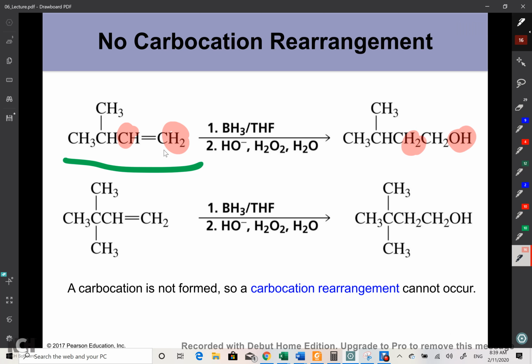Same thing with quaternary center. These are the 2 carbons of interest. You perform a hydroboration. The OH ends up there, and the H is somewhere there. No rearrangement. That's what I want you guys to take note of, because the mechanism doesn't go through a carbocation. It goes through something else, but not a carbocation. That's why we didn't want to worry much.